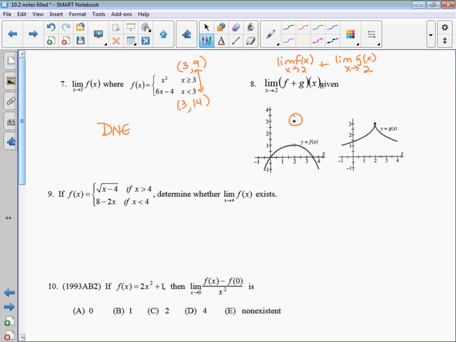First, do we care about that dot up there? No, that has no impact on the limit whatsoever. So what is the limit as x approaches 2? 1 plus, yeah, looks like 3. So your answer is 4. Does that seem much simpler than what it looked like? Yeah, definitely. Okay.